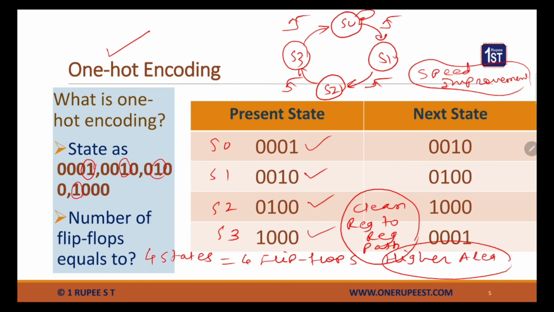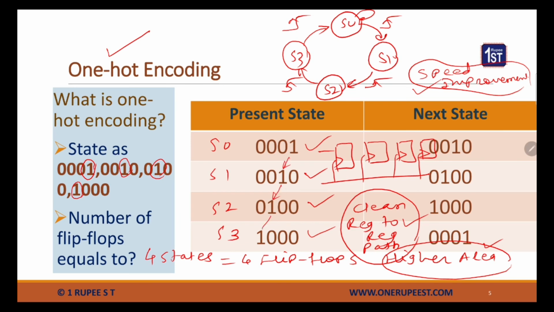Getting this point? Even if you observe that I now have 4 flip-flops like this, transition from one state to another state without use of combinational logic is also possible in most of the cases. That means I will get a clean register to register path. I may need combinational logic, but what happens is that I will have more area but higher speed.